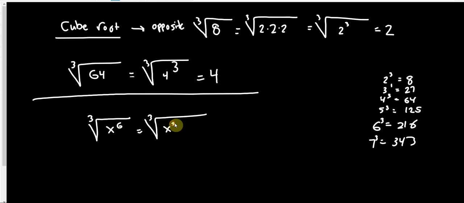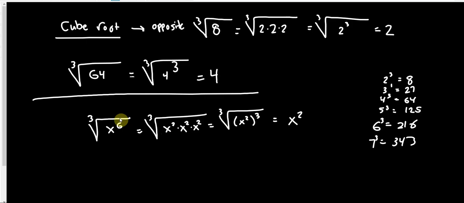Yeah, x squared times x squared times x squared. Exponent rules tell you to add these, which would give us back 6. So this is, in fact, a perfect cube. It happens to be x squared to the third power, because there's 3 of these. Then this third root and this third power cancel, and this is x squared.